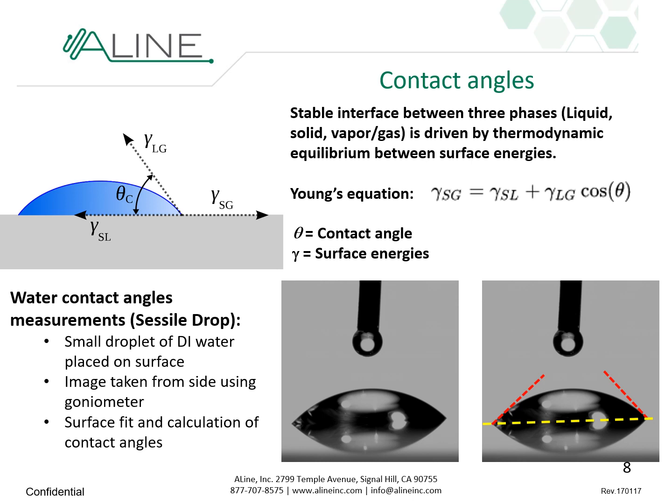This is typically done within a dedicated instrument called a goniometer. Then we use image processing and fitting to extrapolate the baseline and the shape of the droplet and quantify the contact angle, which is the angle between the interface and the three interfaces here.